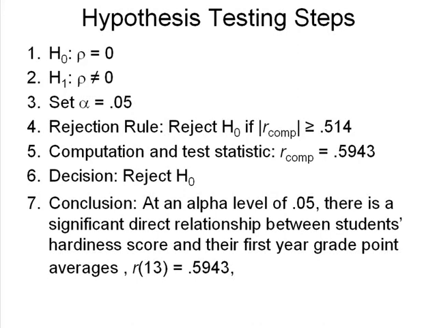0.5943. Now, you might wonder, why am I not putting 0? Why am I not putting 0.5943? That has nothing to do with statistics, has nothing to do with nursing. It has to do with APA format. In the APA format, it says if you have a number that can never go over 1, and R scores can never go over 1, they can never be greater than 1, neither can probabilities, neither can alphas.